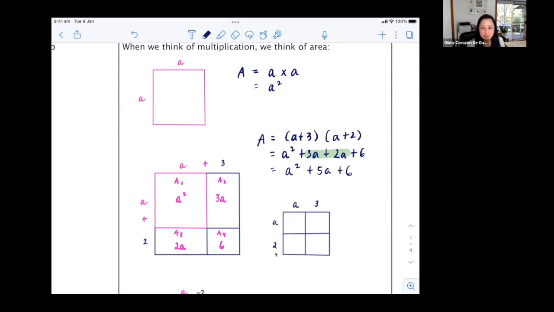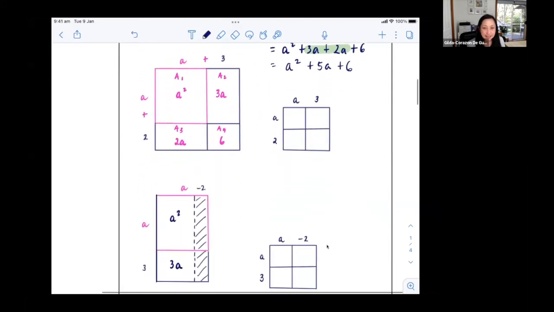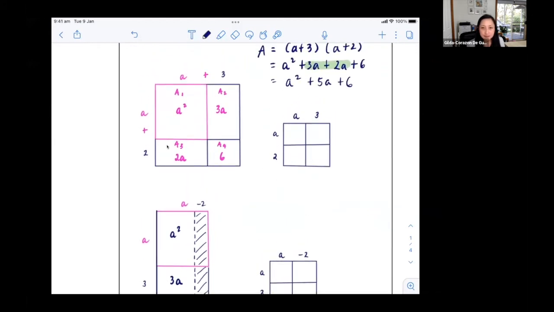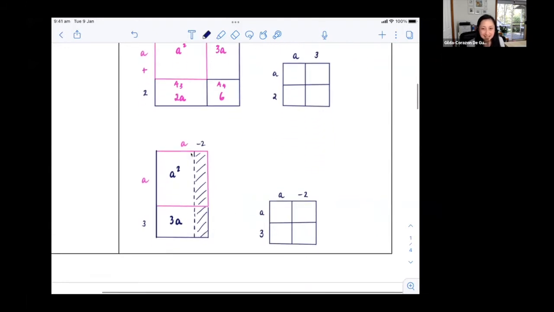Okay, now let's ignore this for a moment. We'll go back to that in a second. If that is adding a length of 3 and adding 2 to this one, what if this time we're not adding, but we want to get rid of some of that area? We can still do that.